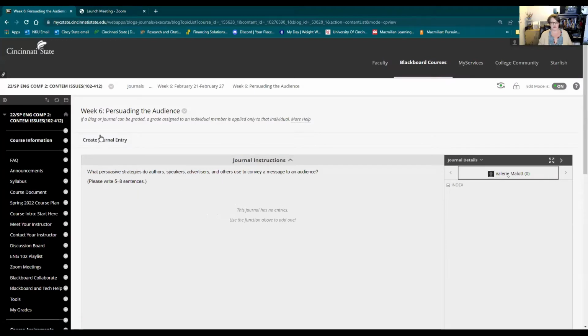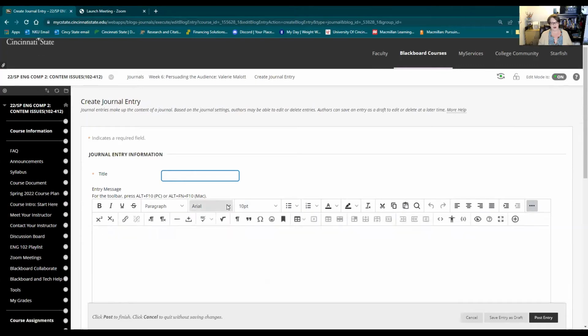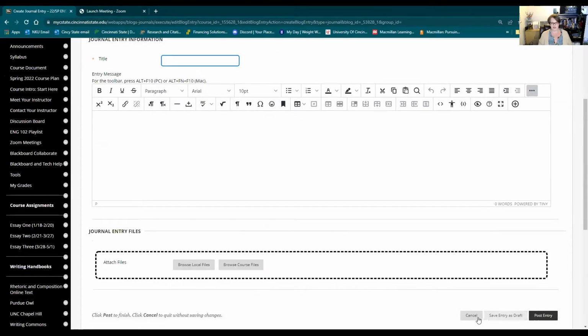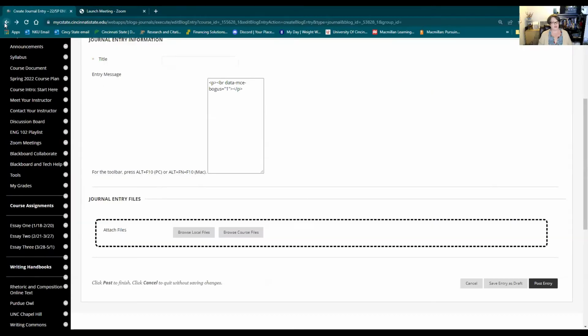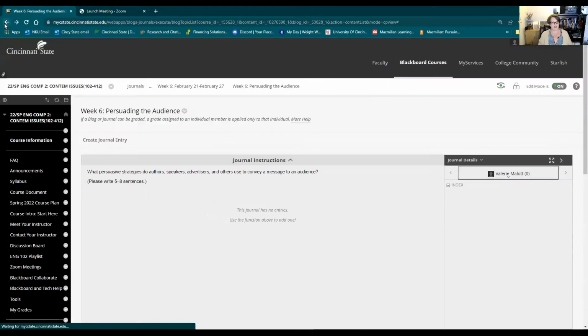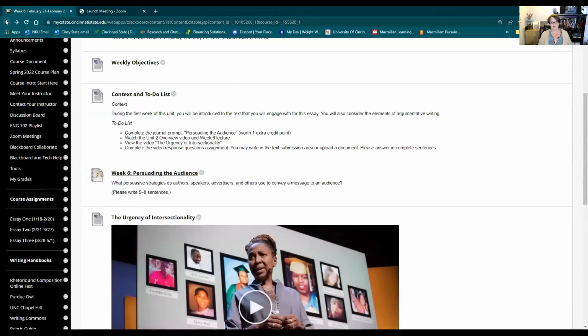It will take you to an area. You create the journal entry and then post the entry. You click post down in the corner. As I said, that's an optional assignment. I don't like to add any extra assignments above and beyond requirements, so I offer extra credit points for those of you who choose to do those extra things.